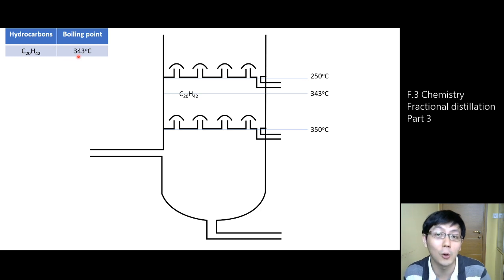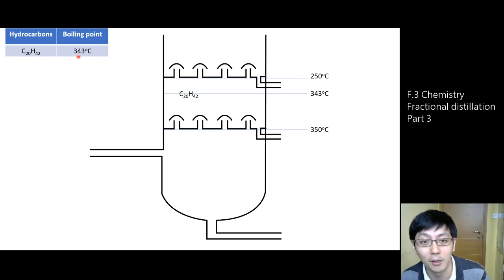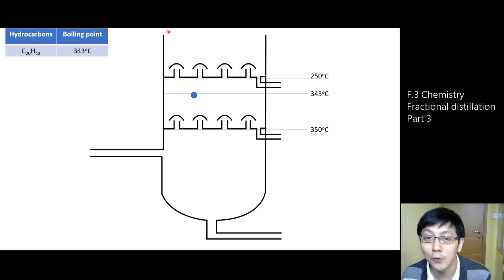Then we may also call this the condensation point. So what happened? It may condense to liquid. 佢變做 liquid，佢應該會向下滴嘅。It may drop downwards.